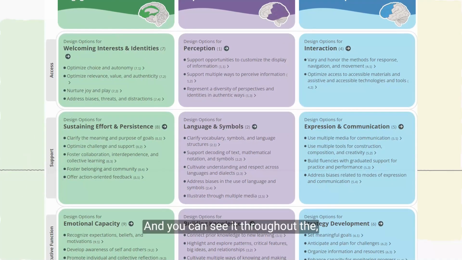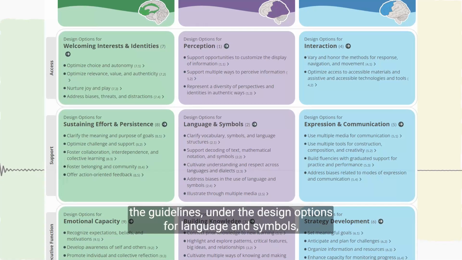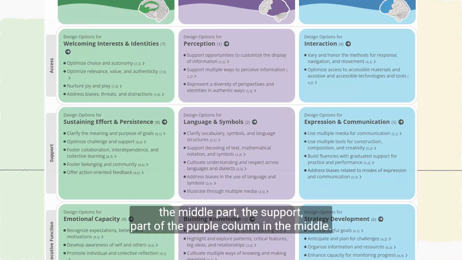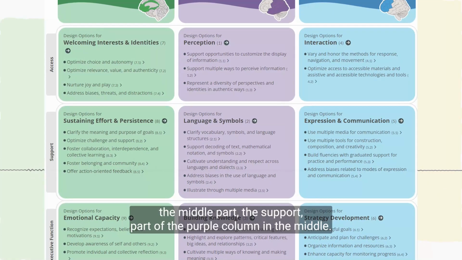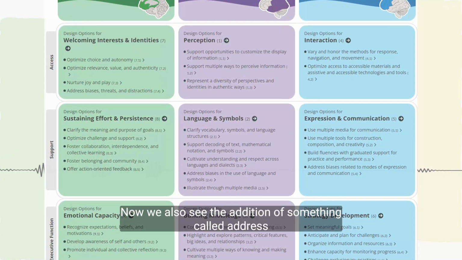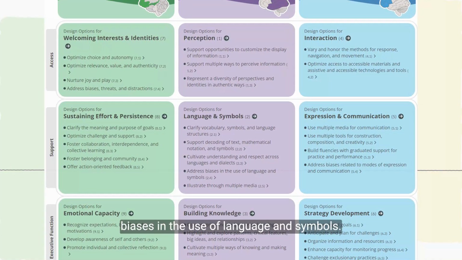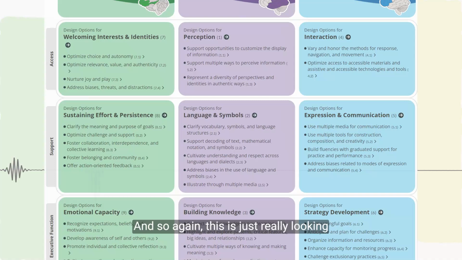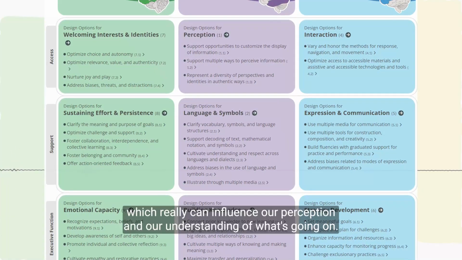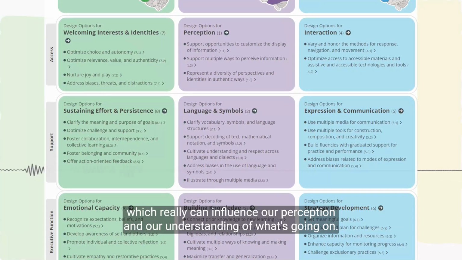And you can see it throughout the guidelines under the design options for language and symbols, the support part of the purple column in the middle. Now we also see the addition of something called address biases in the use of language and symbols. And so again, this is just really looking at the culture of the learners, the cultural background, which really can influence our perception and our understanding of what's going on.